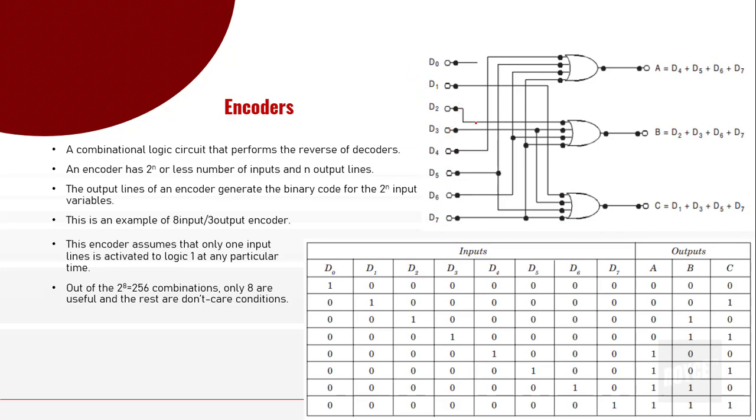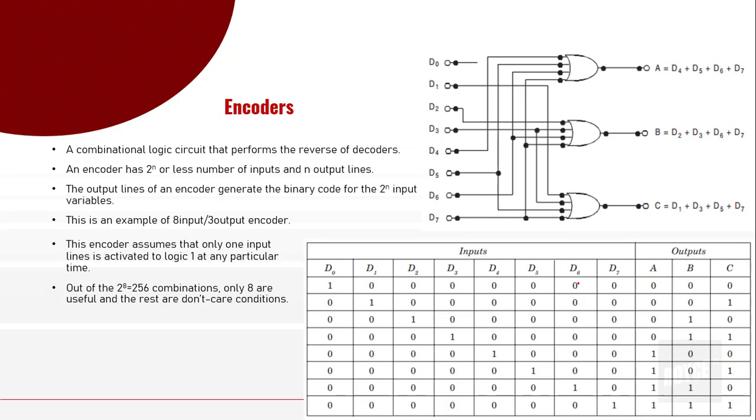So for this example, we are going to assume that isang input lang ang pwedeng mag-logic high. Okay, so mapapansin nyo dito sa first line natin, D sub 0 lang yung nag-1, and then the rest is 0. But then again, this is not a limit for encoders. You actually have 256 combinations for this type of encoder.